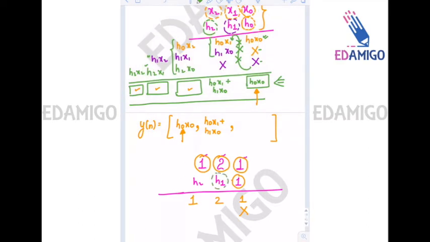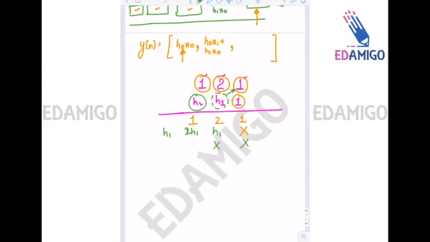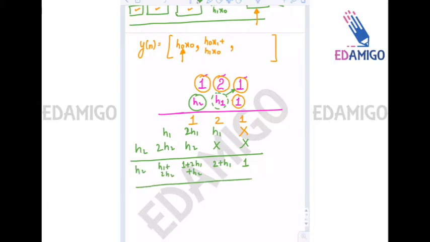Then we will multiply h1 with 1, so h1. Then with 2, that is 2h1. Then with 1, that is h1. Then we will put 2 crosses. So h2 gets multiplied by 1, 2h2, and then h2. So we will get 1, 2 plus h1, 1 plus 2h1 plus h2, h1 plus 2h2, and h2.